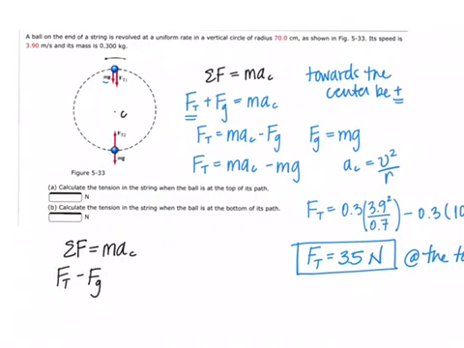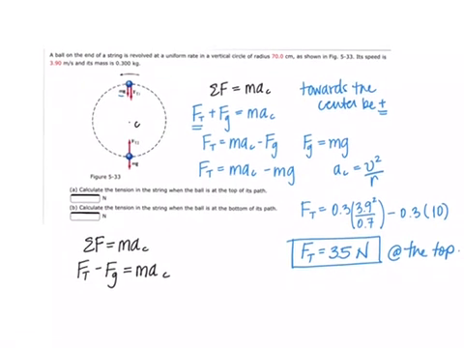Right here is away from the center. So we're letting towards the center be positive. Therefore, away from the center would be negative. And that would equal MA sub C. Now it's that centripetal acceleration because it's kind of a special acceleration.